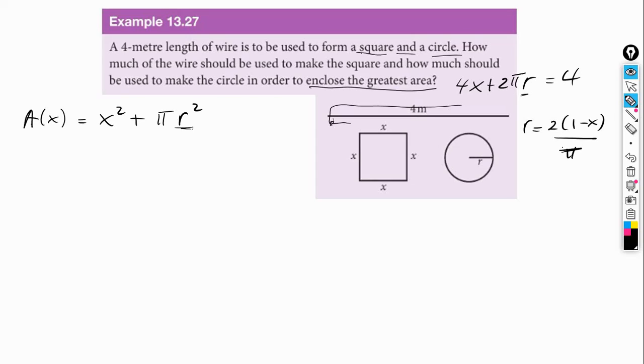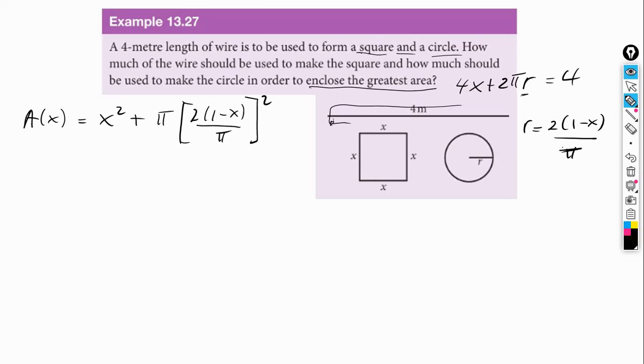And we can substitute that back in here. I'm going to erase r squared, and instead use this expression in terms of x. So we're going to get 2 times 1 minus x over pi, all of this squared.